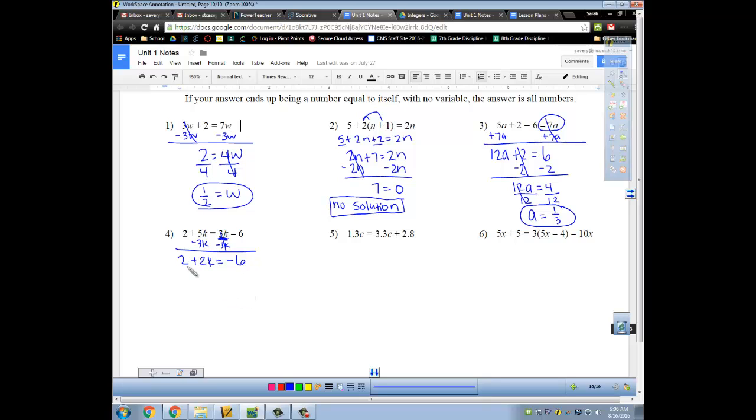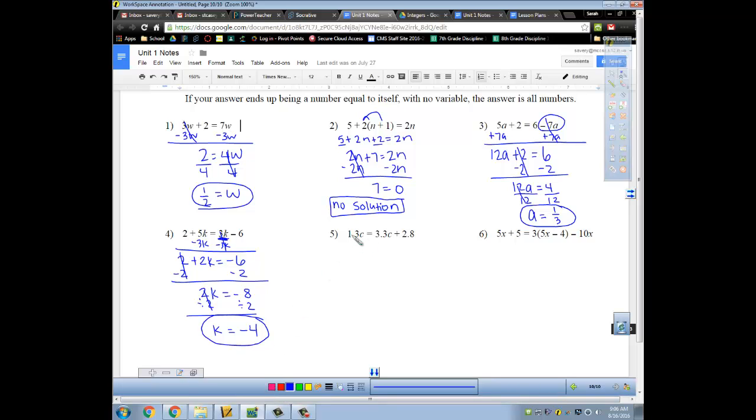Now it's a two-step equation, trying to get that k by itself, so I'm going to subtract 2 to get 2k equals negative 8. Divide both sides by 2 to get k equals negative 4.